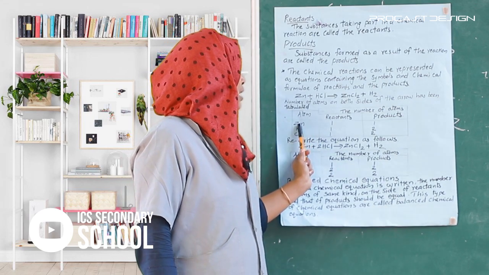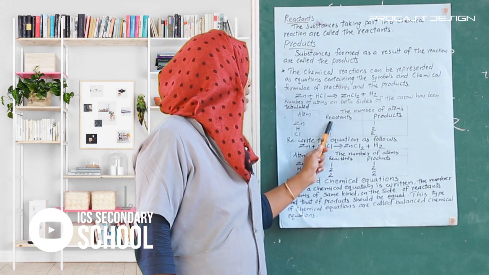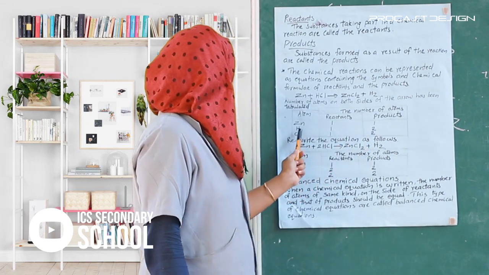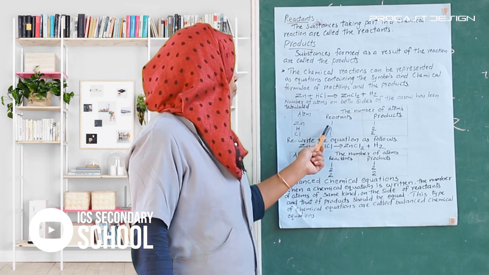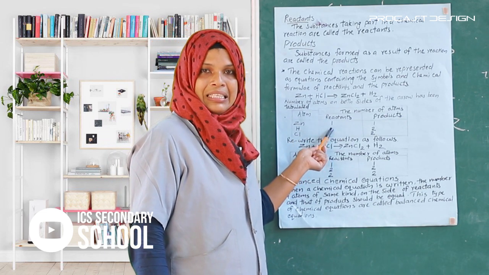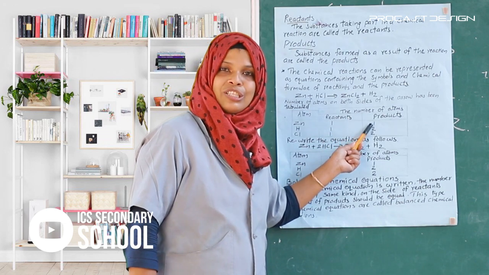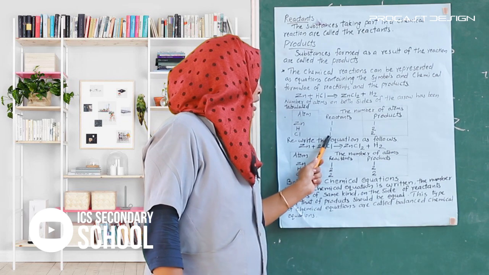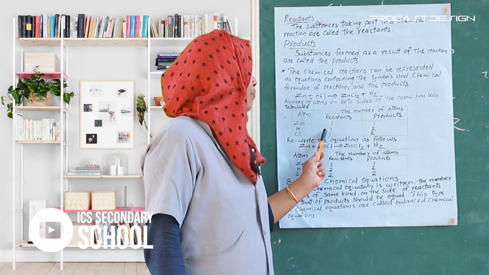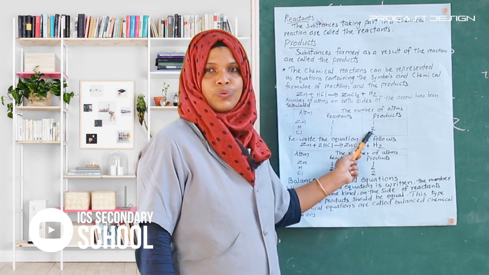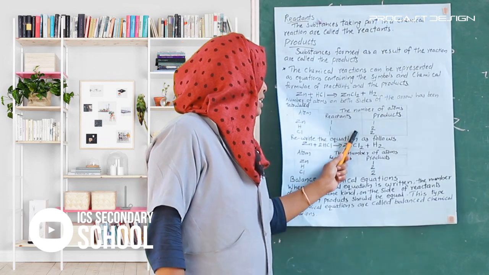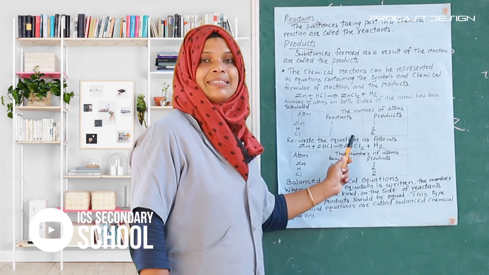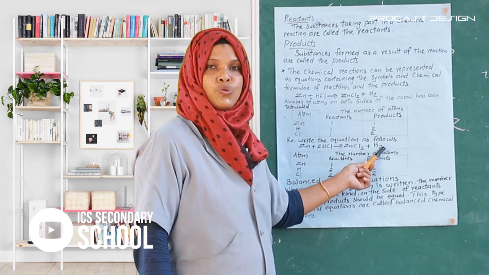First zinc: on the reactant side the number of zinc atoms is 1, and on the product side also 1. Then hydrogen: the number of atoms on the reactant side is 1 and on the product side 2. Then chlorine: reactant side 1 and product side 2. So we can rewrite this equation as Zn plus 2 HCl gives ZnCl2 plus H2.